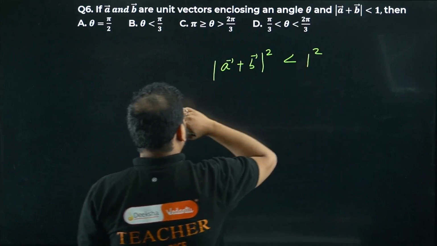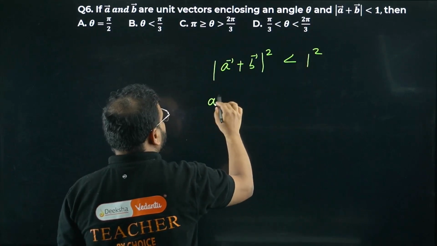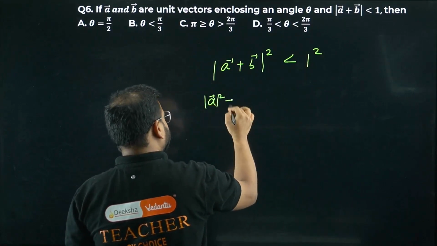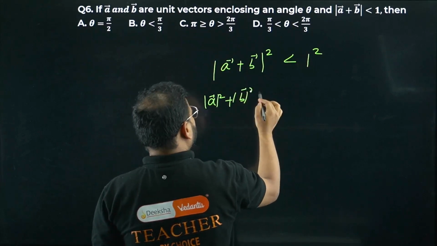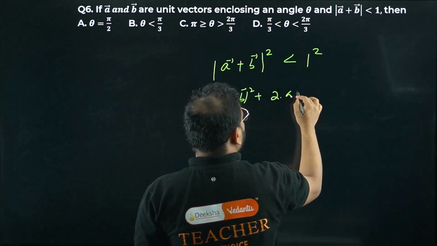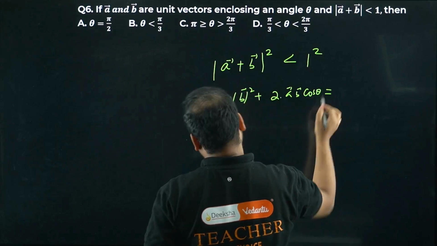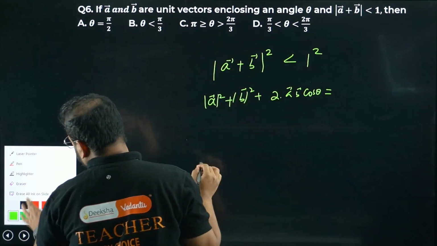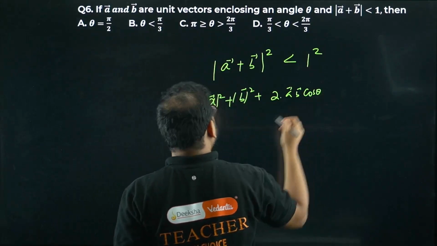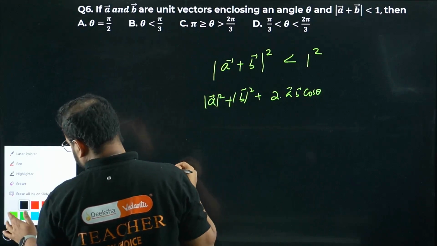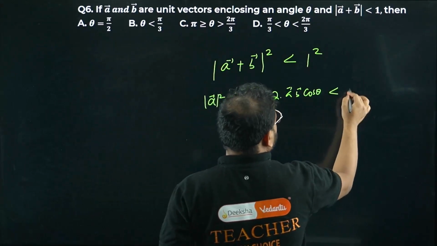So we write this as A square plus B square plus 2AB cos theta is less than 1.